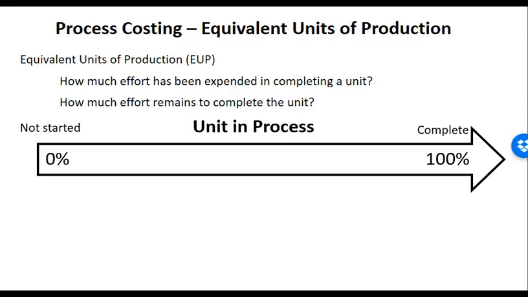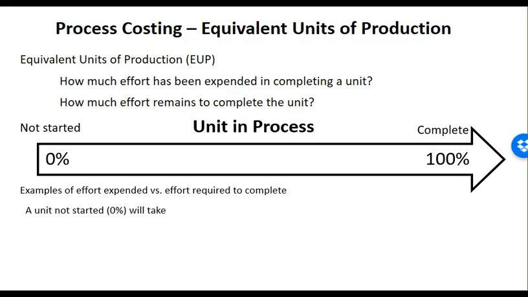If something is 40% complete, that means 40% of the effort has been put into it. That also means there's still 60% of the effort yet to complete it in order to get to 100%.